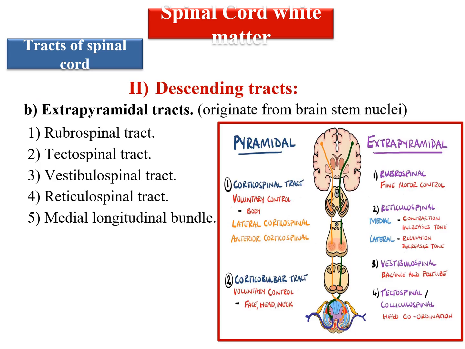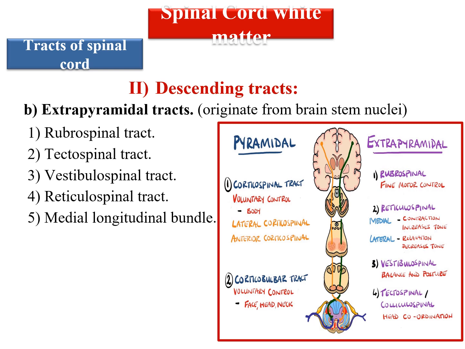Okay, let's continue with descending tracts. You know that descending tracts are subdivided into two types, extrapyramidal and pyramidal. You know also that the pyramidal tract arises from the cerebral cortex, and the extrapyramidal now arises from brainstem nuclei. So the extrapyramidal tracts which originate from the brainstem nuclei are called rubrospinal tract, tectospinal tract, vestibulospinal tract, reticulospinal tract, and medial longitudinal bundle.